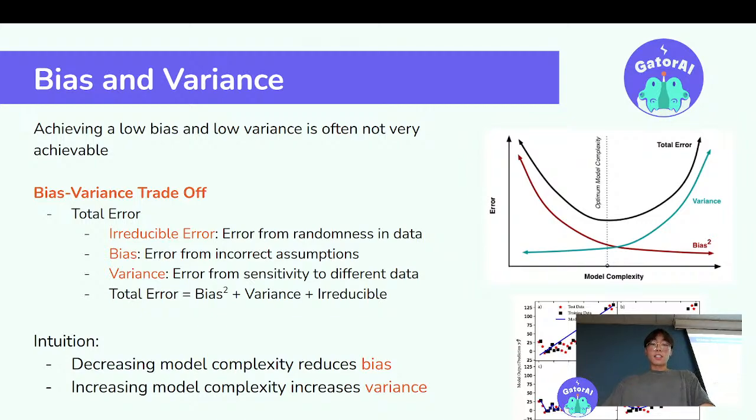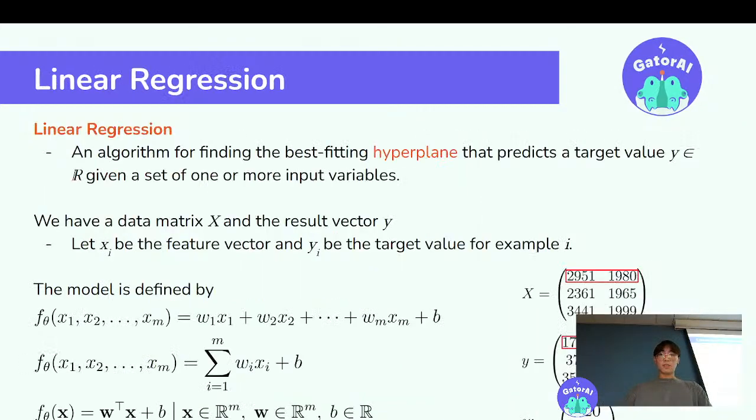Increasing model complexity reduces bias, but at the same time, increasing the model complexity increases variance, and the other way around. If you decrease model complexity, your variance drops, but at the same time, your bias increases, right? So your error will never really reach 0, and that's the point where you have to make a trade-off with what kind of errors you want in your machine learning model, essentially minimizing the total error that you have, right?